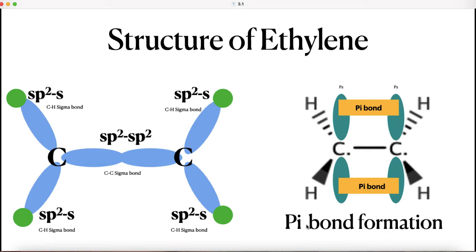The other bond is the pi bond, which is formed by the lateral overlap of the unhybridized p orbital of this carbon with the unhybridized p orbital of this carbon. It leads to the pi bond.